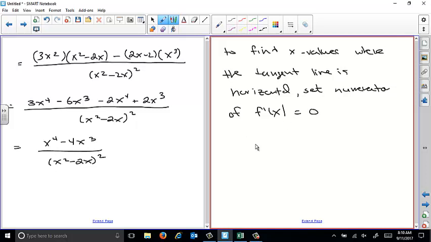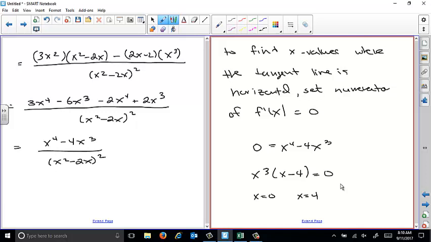So that means I say 0 is equal to x to the fourth minus 4x cubed. I'll factor out x cubed, so I'll get x cubed times x minus 4 equals 0. I just switched the sides. So my two solutions are x equals 0 and x equals 4. So those are the two values of x where I have a horizontal tangent.